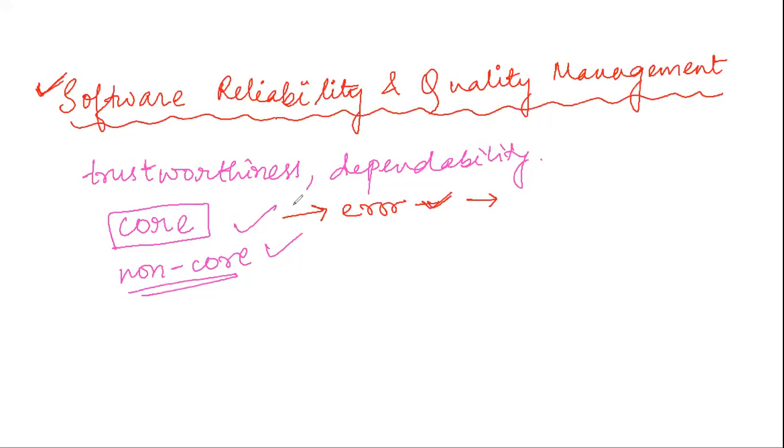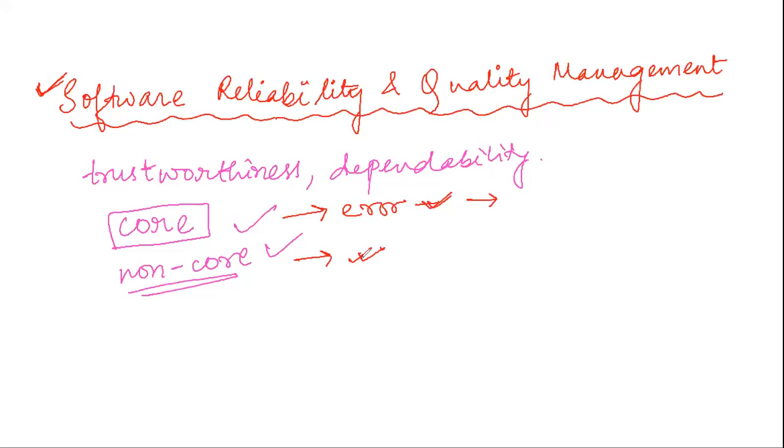And even if a lot of errors are removed from the non-core part, on the other hand, from the parts that are rarely used, it may not cause any appreciable change to the reliability, because even if non-core has some issues, it is not hampering the reliability of my software so much.